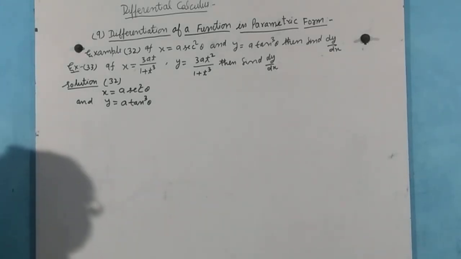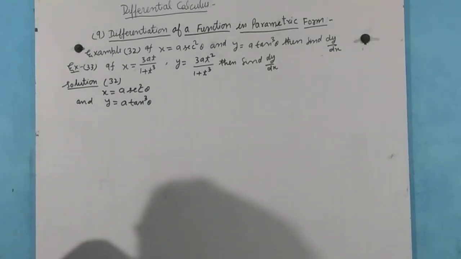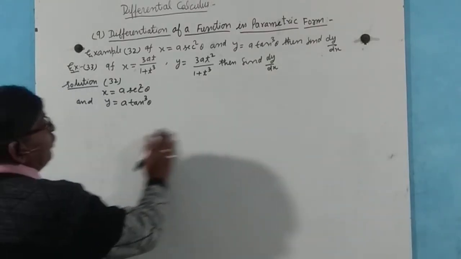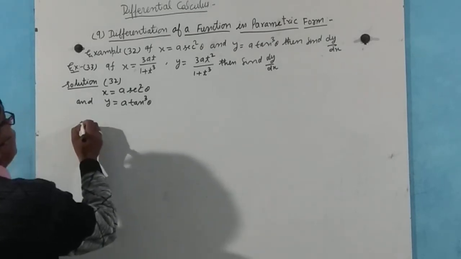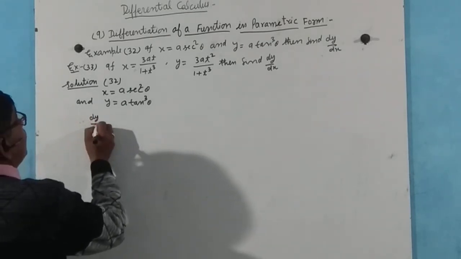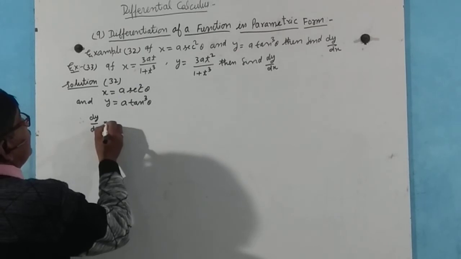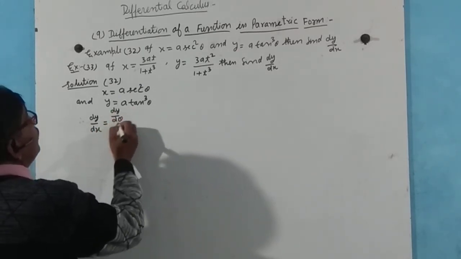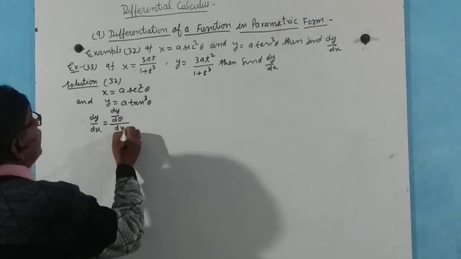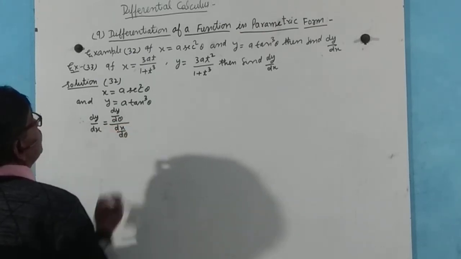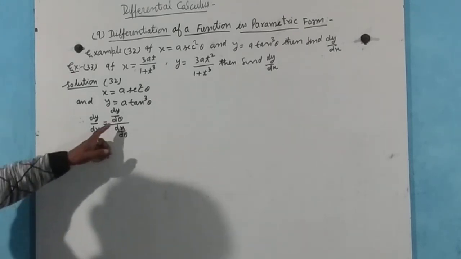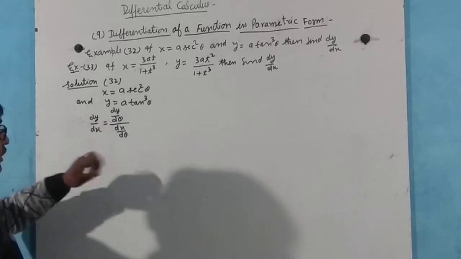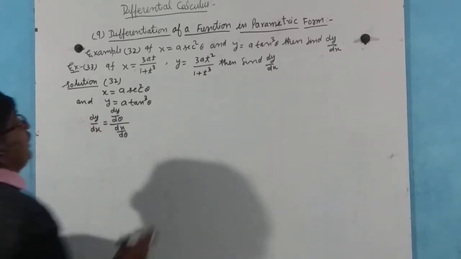In this question, we have to find dy by dx. Theta is the parameter, so dy by dx equals dy by d theta divided by dx by d theta.